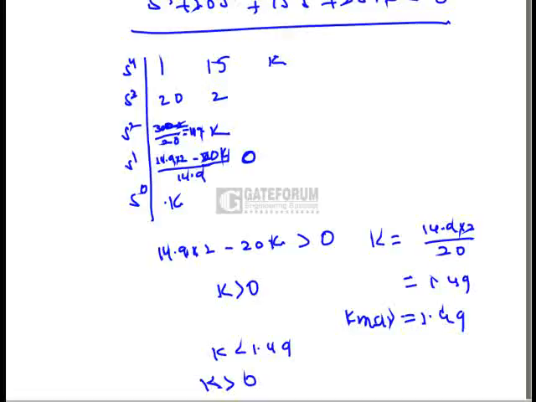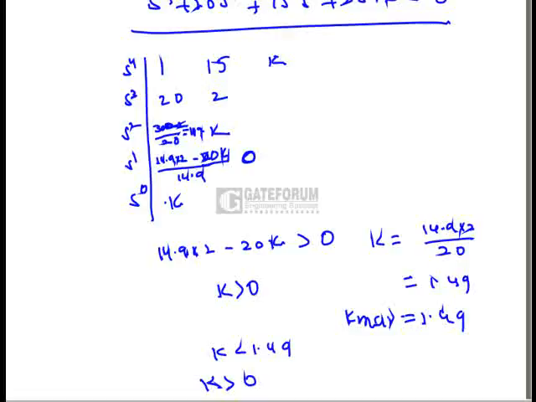At the k marginal value, all the roots of the system are on the imaginary axis. That means the closed loop poles of the system are on the imaginary axis. So we have to find that point. That point is k marginal, and the k marginal value we got is 1.49.